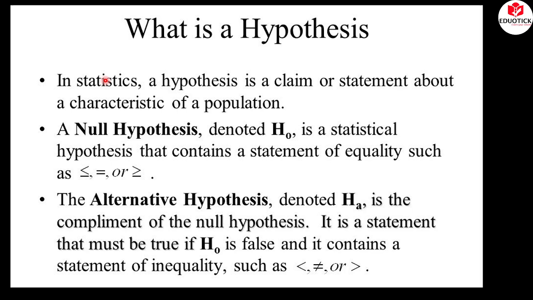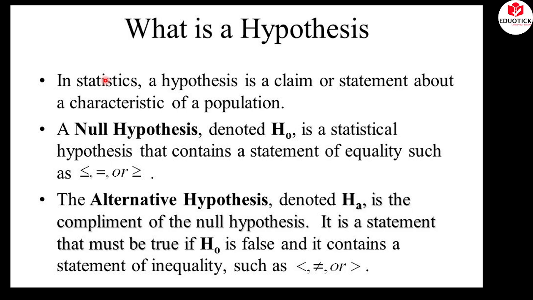So the null hypothesis contains a statement of equality, such as equal, less than or equal, and greater than or equal. The opposite of that statement, what you claimed about the characteristics of a population, will be the alternative hypothesis, which is the complement of the null hypothesis.